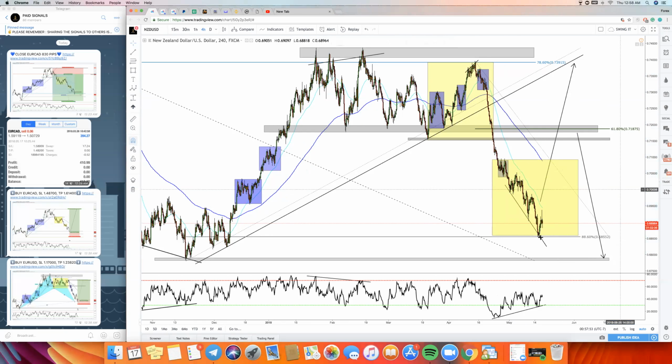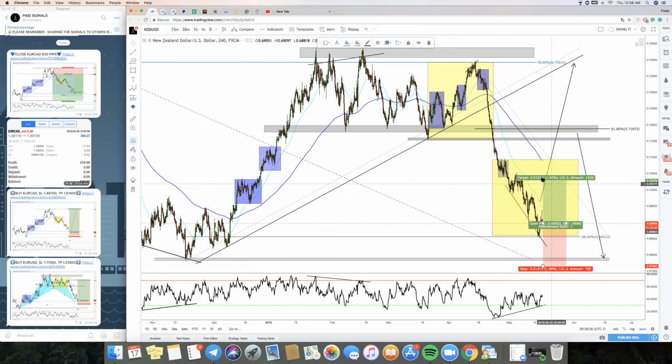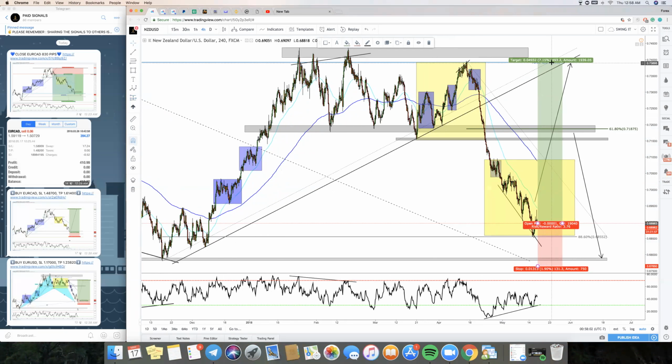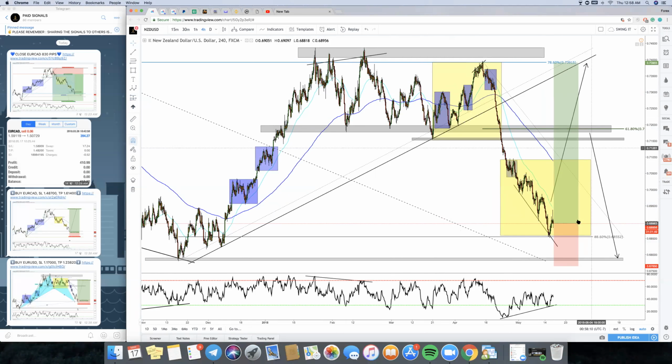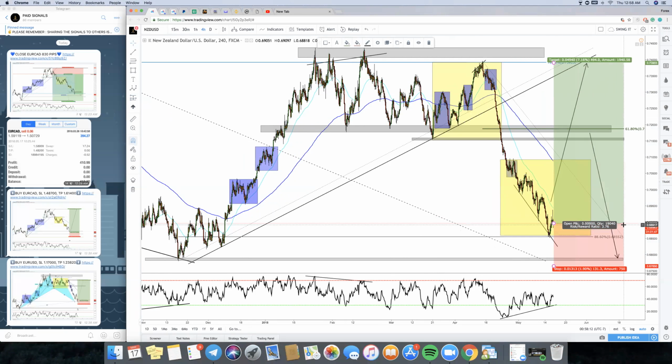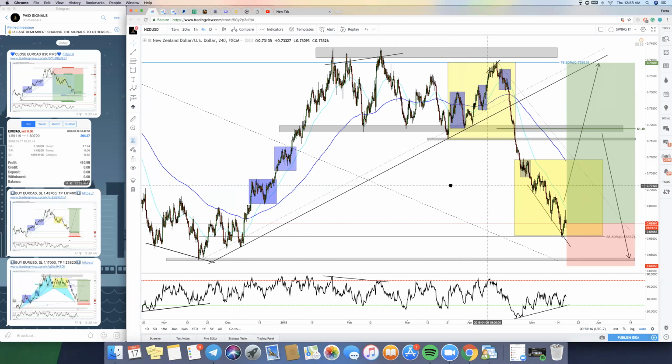But right now, it's a nice buy. On both scenarios, it's the same thing. On a bigger time frame, it's still a buy, but rejection from here. But on a smaller time frame, the rejection is from here. So I'm gonna take the smaller time frame as my weapon, and I'm just gonna go with it.